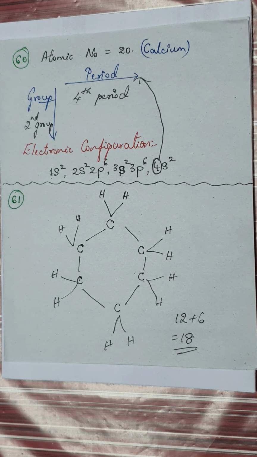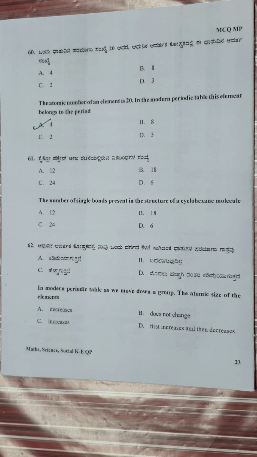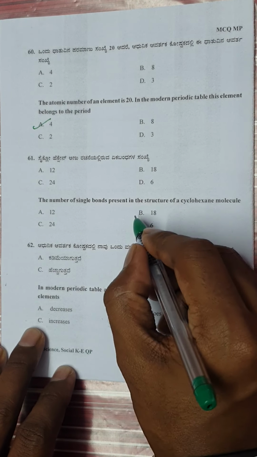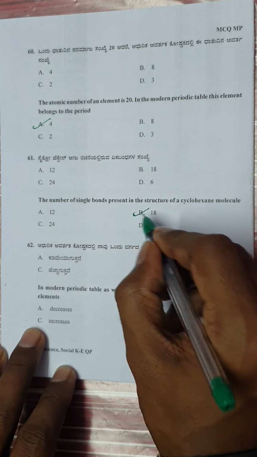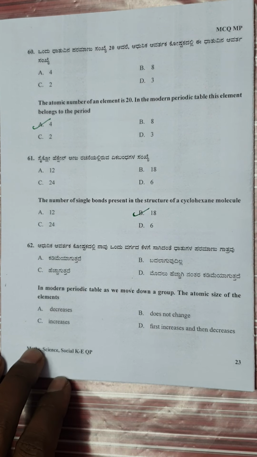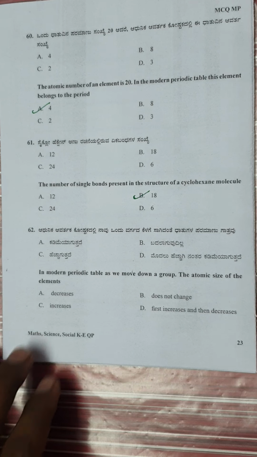So it's a very simple structure. You can easily find out the number of single bonds. Let's check the options: 12, 18, 24 and 6. We know the right option is option B, 18 single bonds. So no doubts in that. Let's go to the next question.